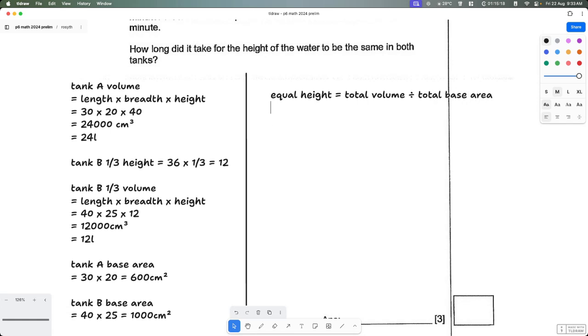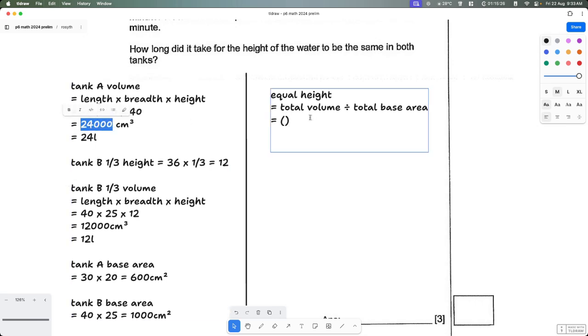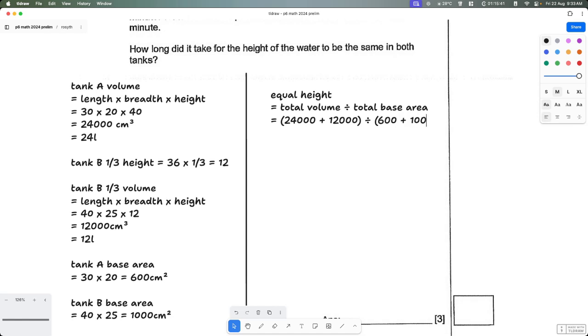Okay, so in this case, total volume is 24,000 plus 12,000, and then we divide by the total base area, which is 600 plus 1000.